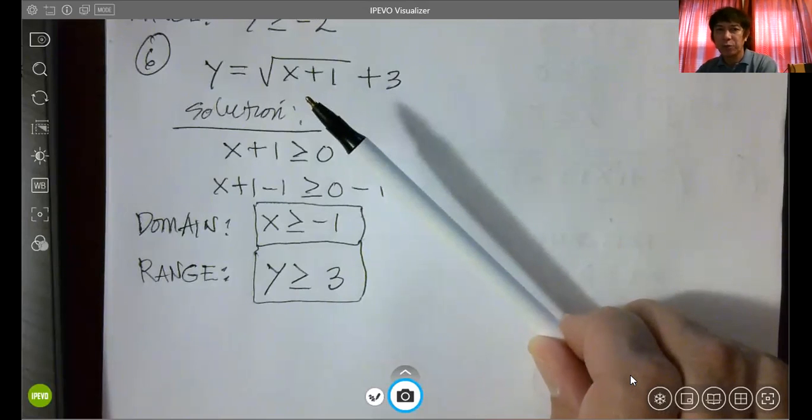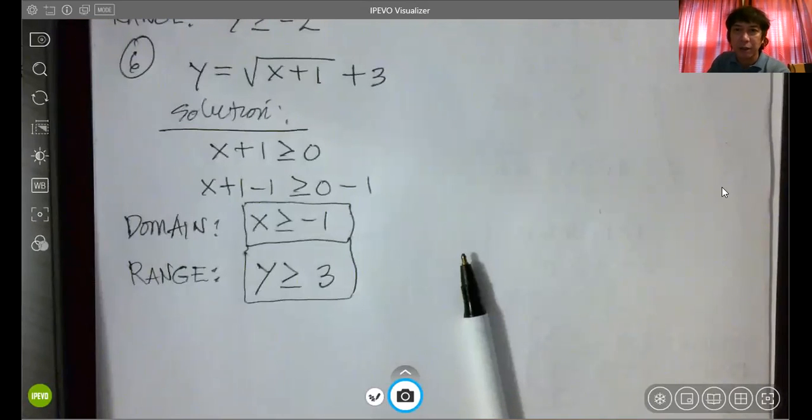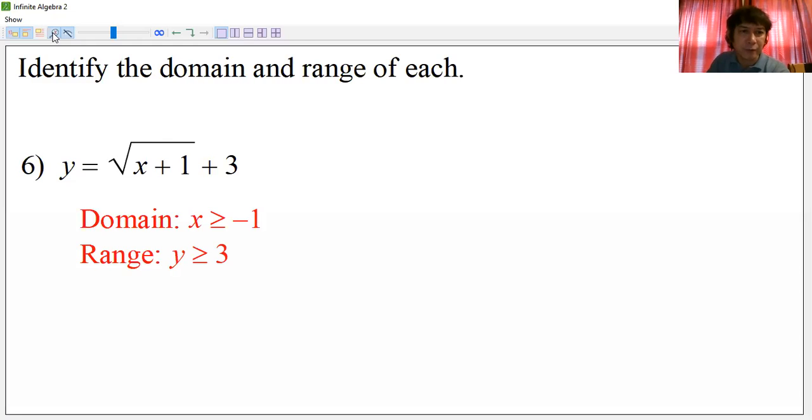I hope you were able to learn from the examples, and we shall verify number 6 and see if it's correct. Let's verify. The domain is x greater or equal to negative 1. It's correct. And the range is y greater or equal to positive 3. That's correct.